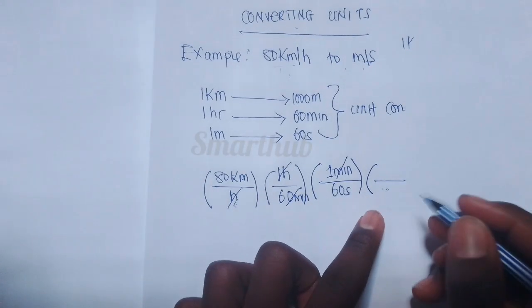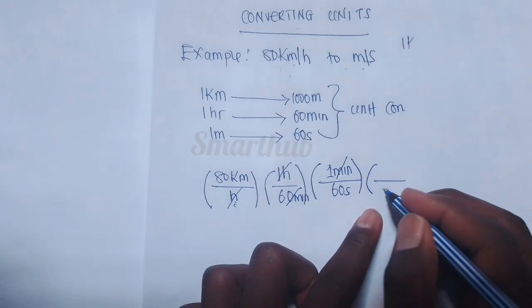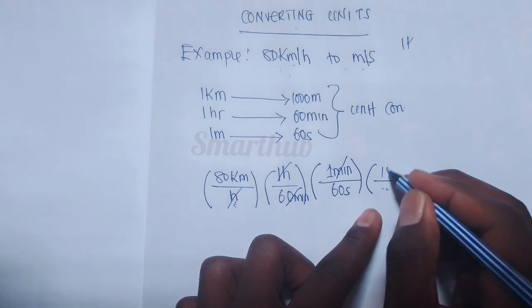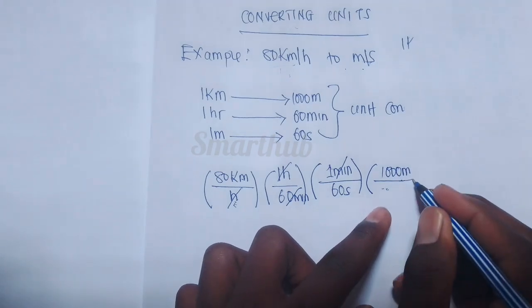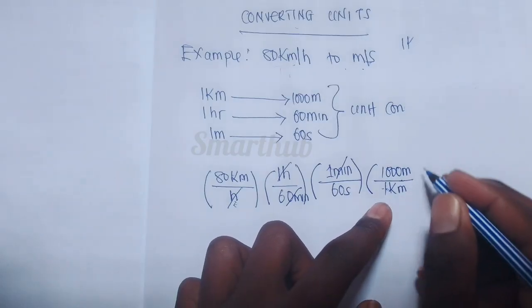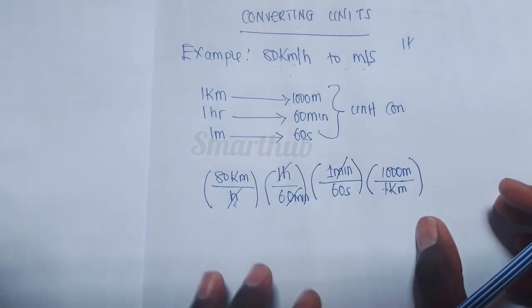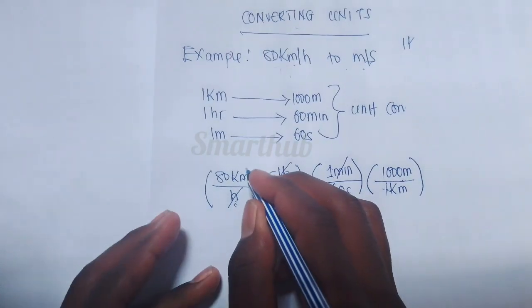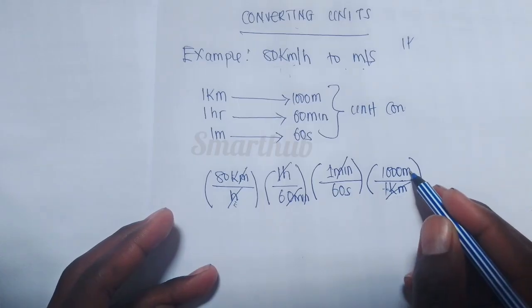So you're going to say 1000 meters is equivalent to 1 kilometer. That's all. Meaning this kilometer is going to cancel with this one.